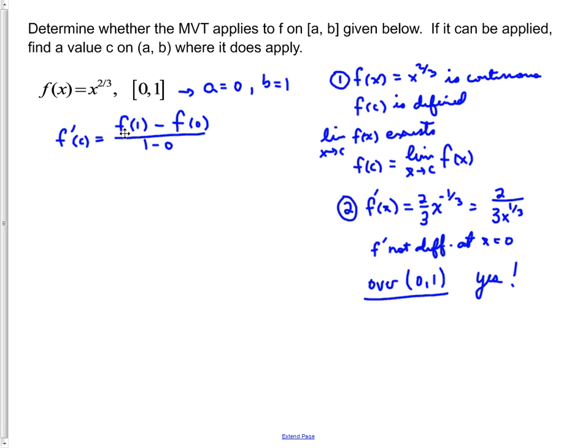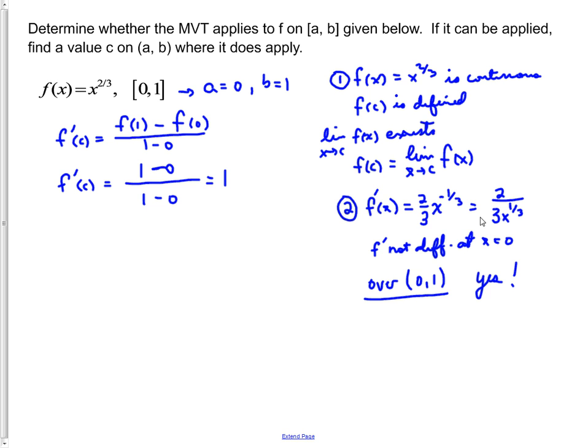In other words, the difference of f of b minus f of a over b minus a. So f prime of c in this case is going to be equal to f of 1, well, that's 1 to the 2/3, that's 1, minus f of 0, minus 0, over 1 minus 0. So we actually are looking for a point where the derivative is equal to 1.